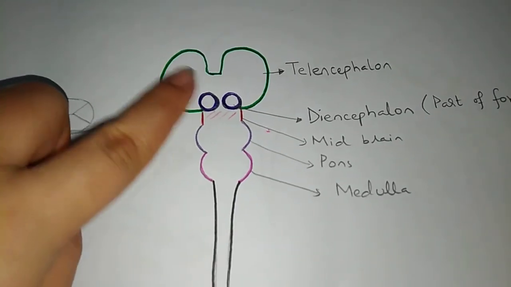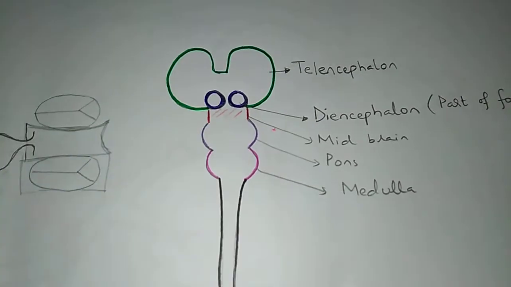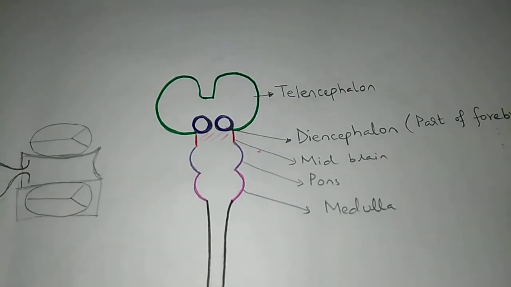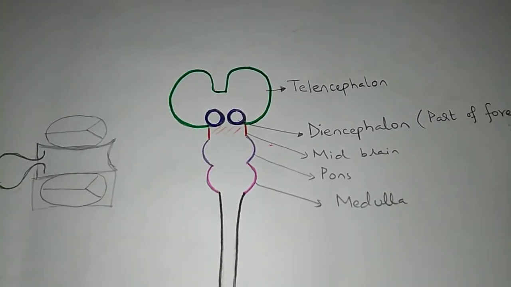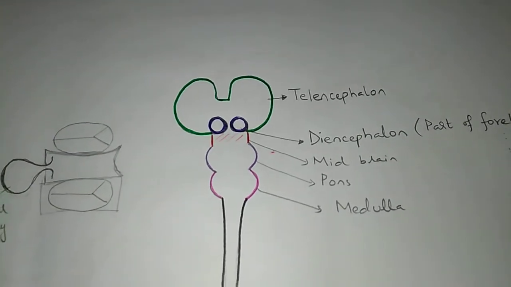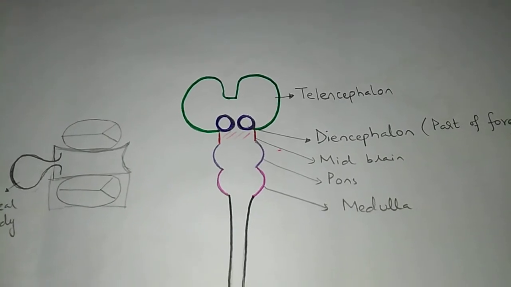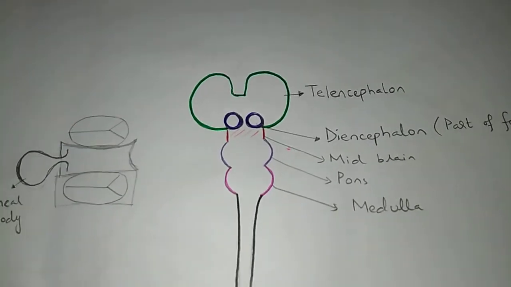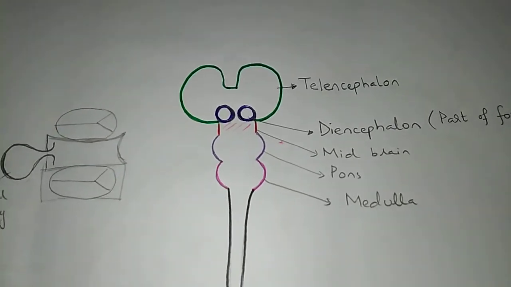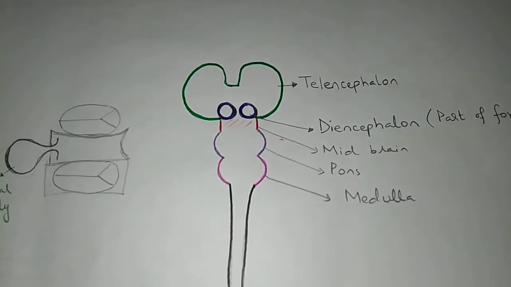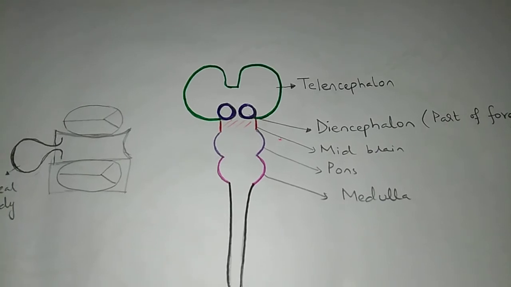This connection is as a relay station. Your cerebral hemispheres and thalami are connected to each other and it is acting like a relay station between the body and the cerebrum. So what is the function of thalamus? It is acting like a bridge and it is connecting the body with the cerebrum.